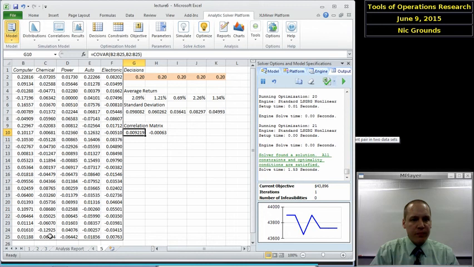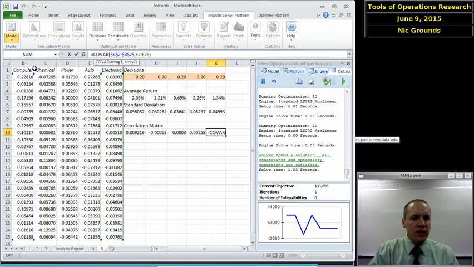So really what I can do is make this and this absolute, and then I can copy the formula over 5 times. And you'll see that in the fifth one, I'm computing the correlation or covariance of computer investment and electronic investment.